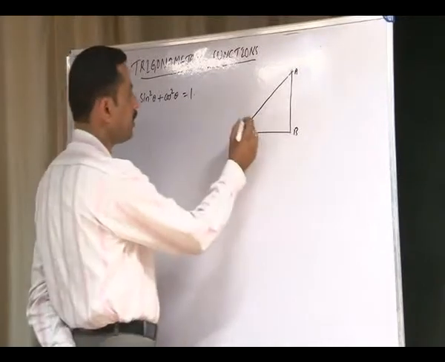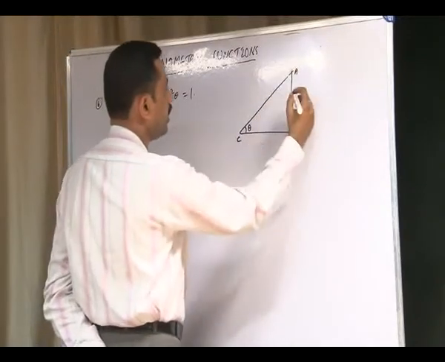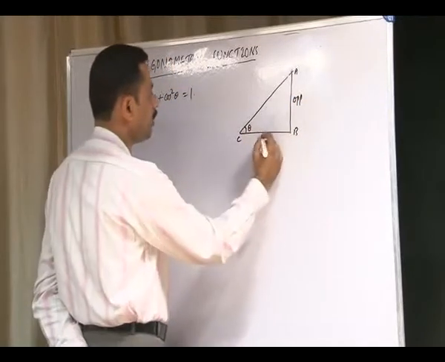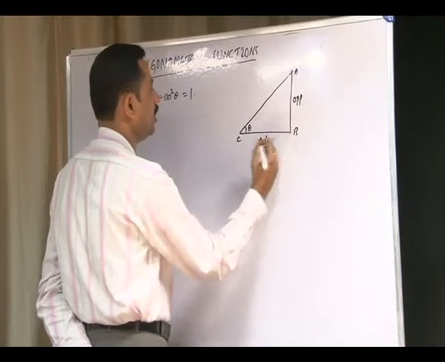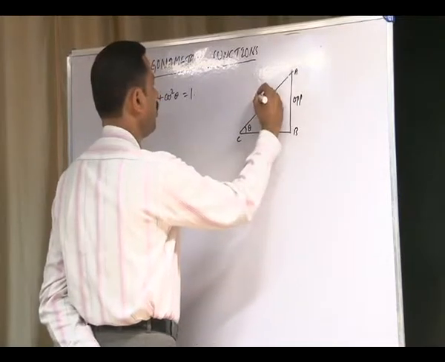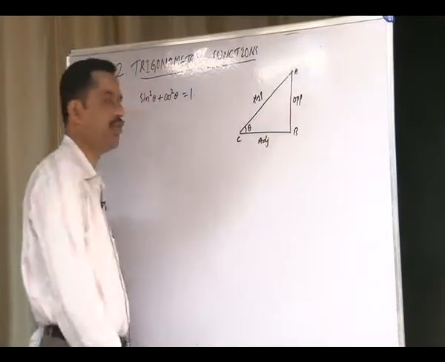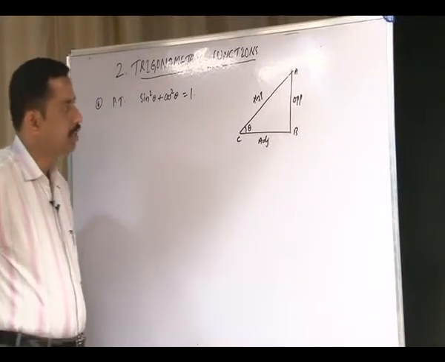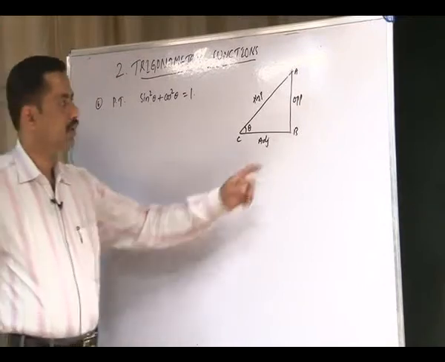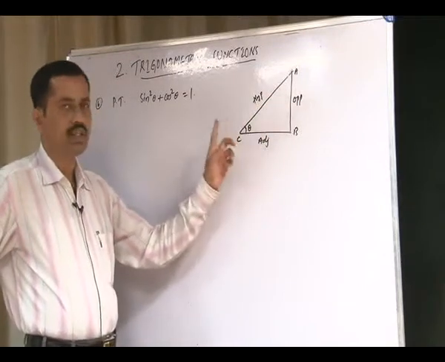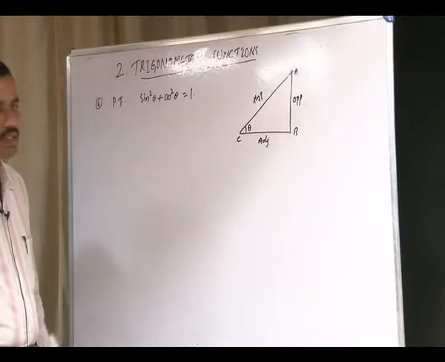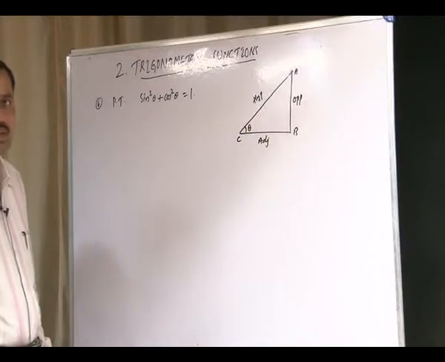Then, if you consider this as theta, this side AB becomes opposite side for this angle, then BC becomes adjacent side, and AC is nothing but hypotenuse. AC is called hypotenuse.